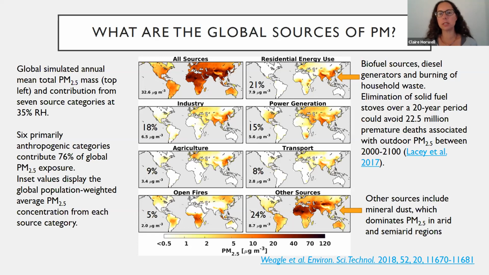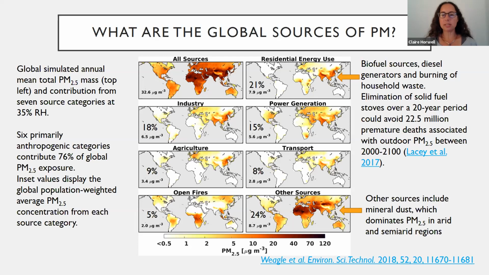And the source of these kind of residential particulates is through biofuel use, diesel generators, and burning of household waste. And elimination of solid fuel stoves over a 20-year period could actually avoid 22.5 million premature deaths associated with these exposures. So there's a lot of work to do around the world in terms of these types of emissions reduction.